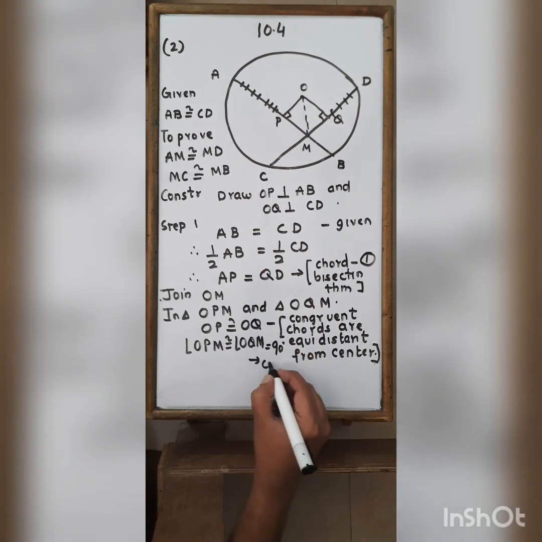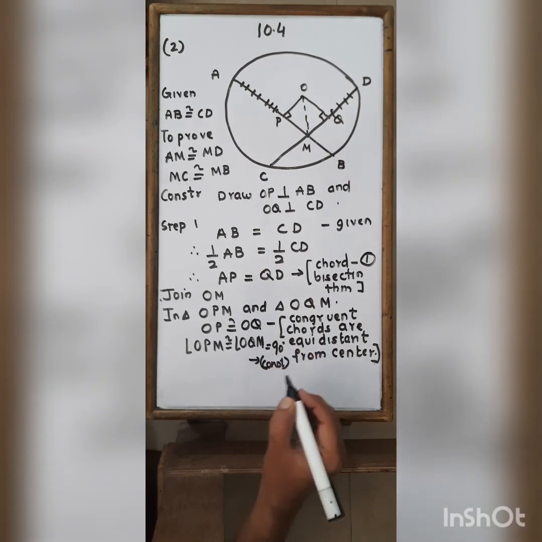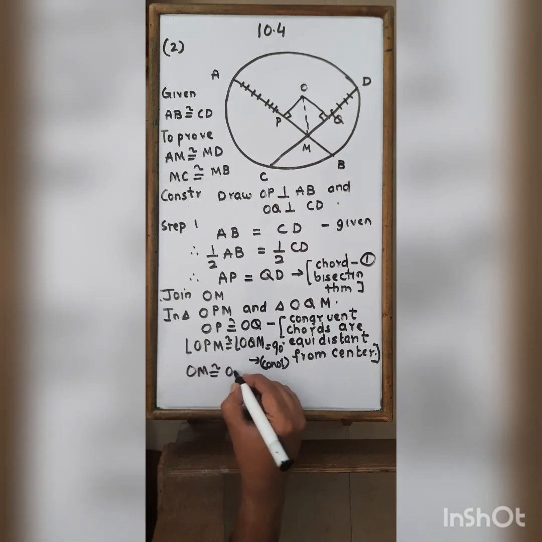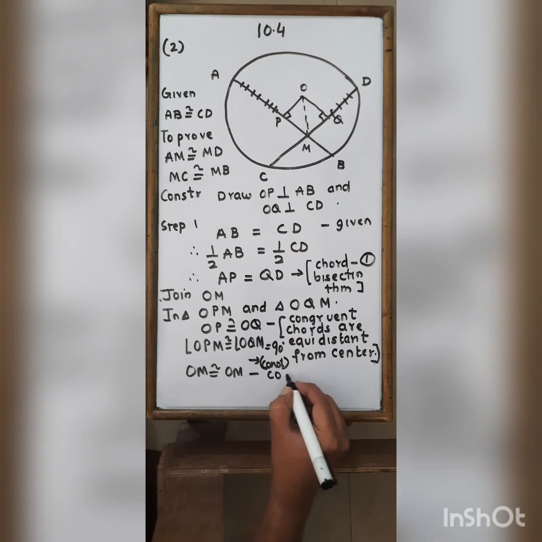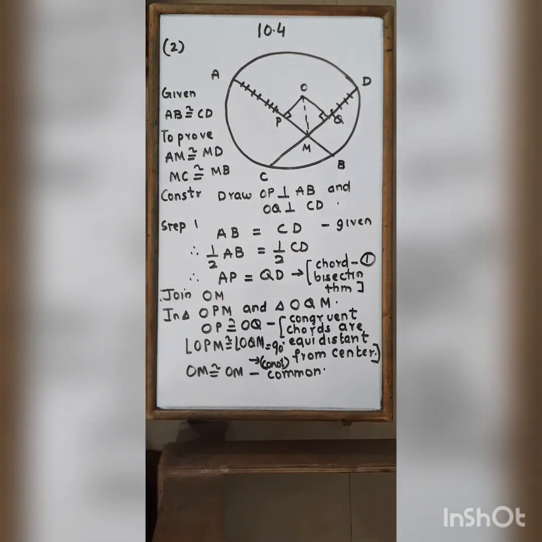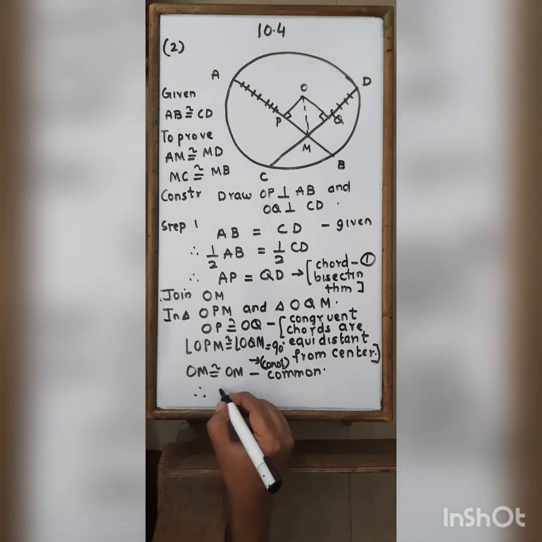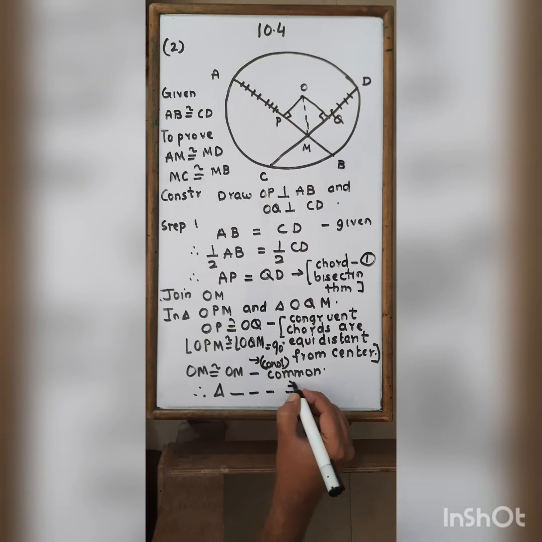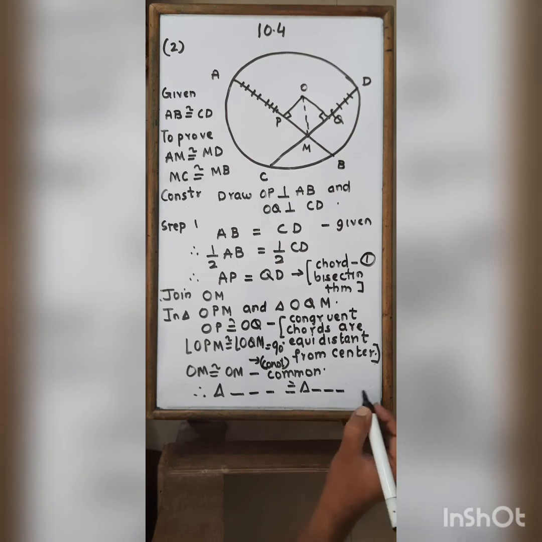Can I say it is construction? And can I say OM is congruent to OM? This is common. So therefore, can I say triangle 1 2 3 is congruent to triangle 1 2 3?